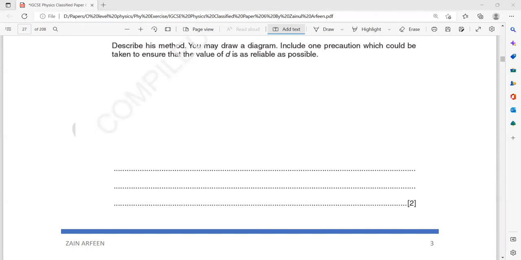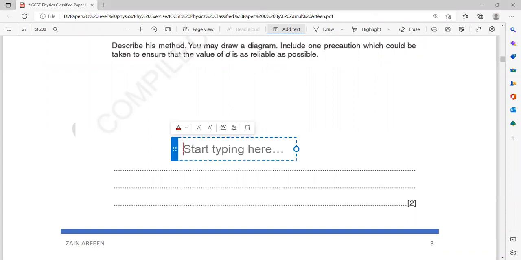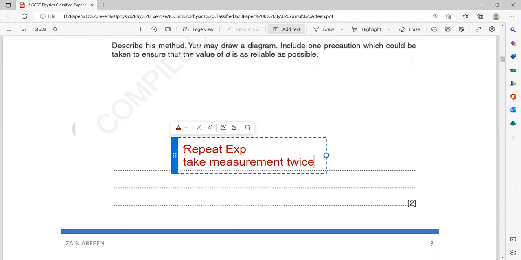So this part, repeat the experiment, take the measurement at least twice, so that it will reduce the error. Look perpendicular, avoid a parallax error. You can mention that as well.